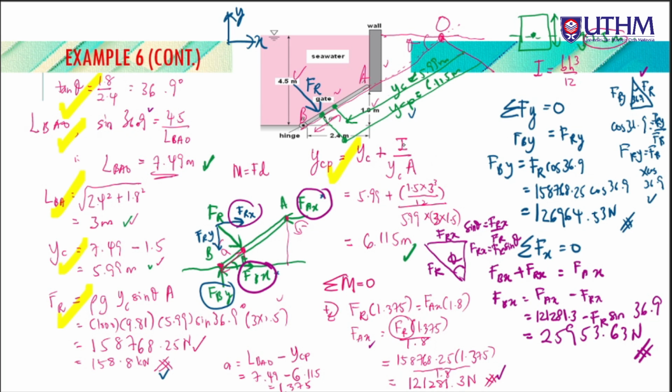Kita guna rumus. Lepas tu yang ni pun rumus ni kita bergantung pada bentuk gate tu sendiri, in which determine the second moment of inertia. Lepas tu in order to get all these forces, kita guna equilibrium equations. Total moment equals to 0, total forces in y direction equals to 0, and total forces in x direction equal to 0.